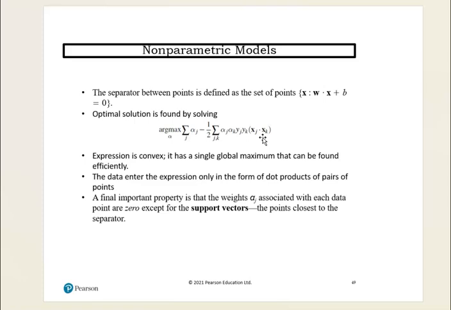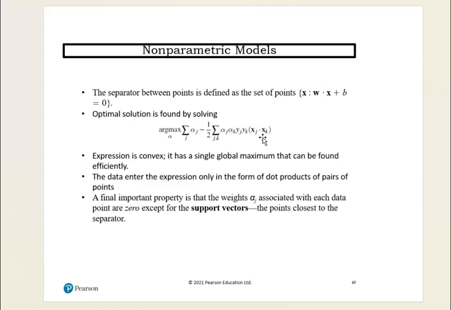Once we've found the vector alpha, we can go back then and get the vector w using the equation w equals the summation of alpha i yi xi. Now, there are three important properties of this optimization problem. First, this expression is convex.